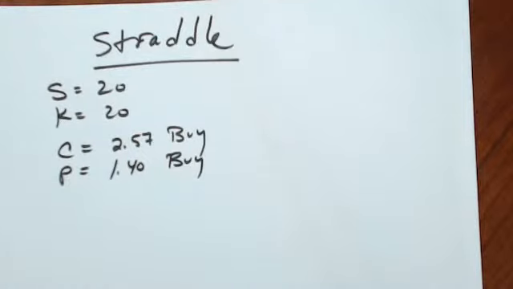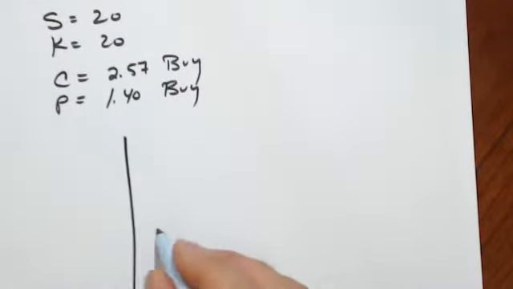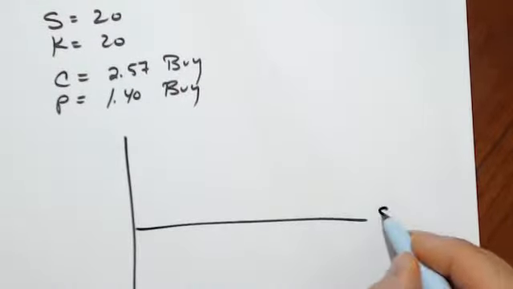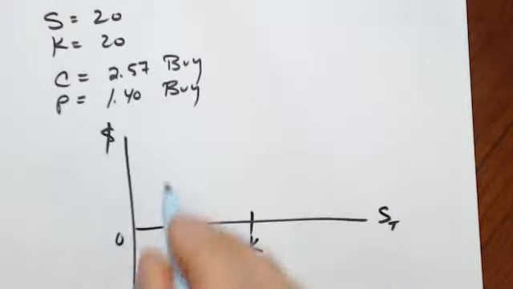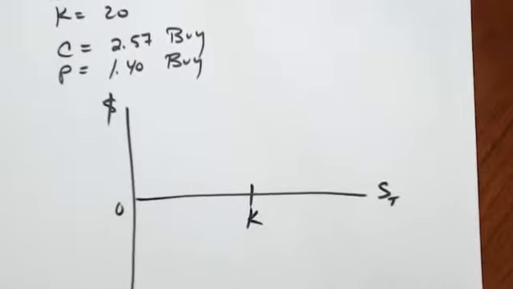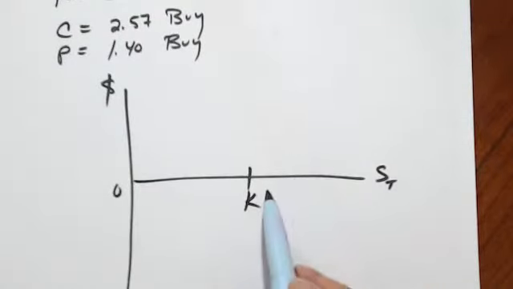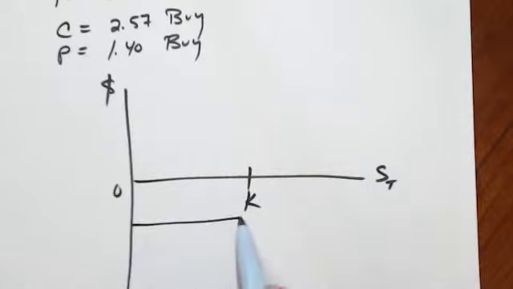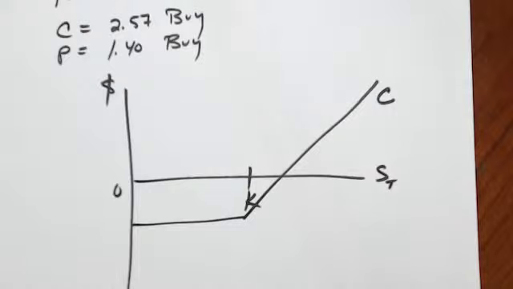Okay. Now, before we go any further, let's see what this is all about. Just roughly drawing the old hockey sticks here. When you buy a call, it looks like this. Okay, that's the call purchased.